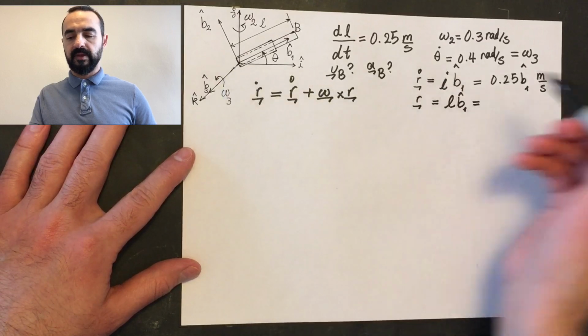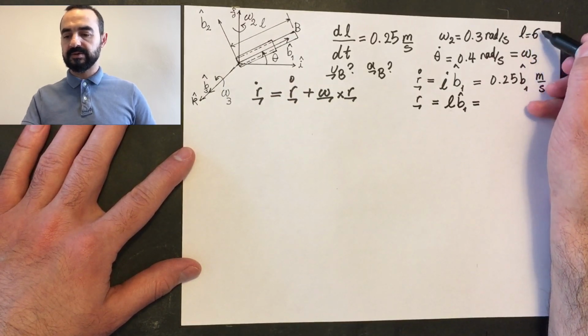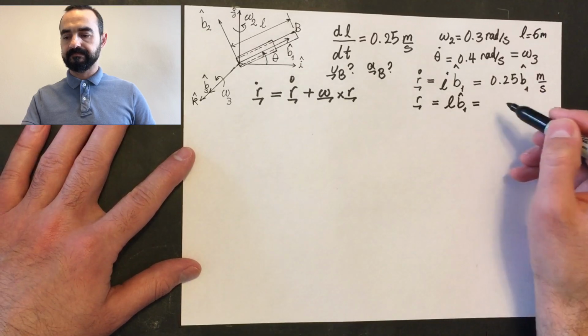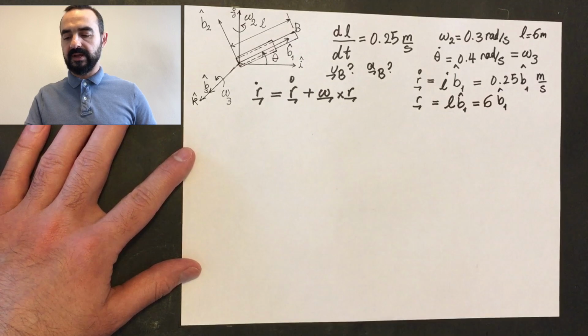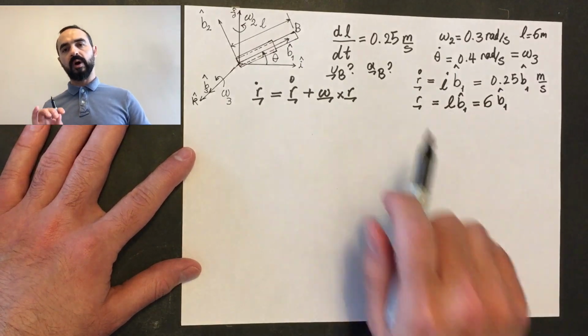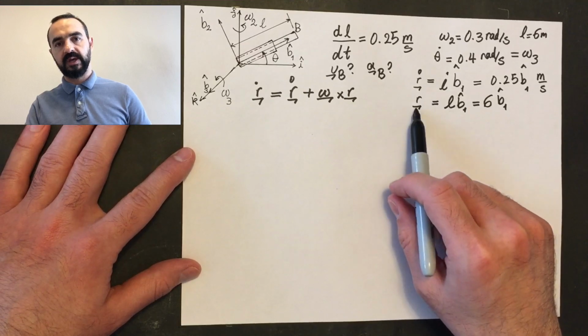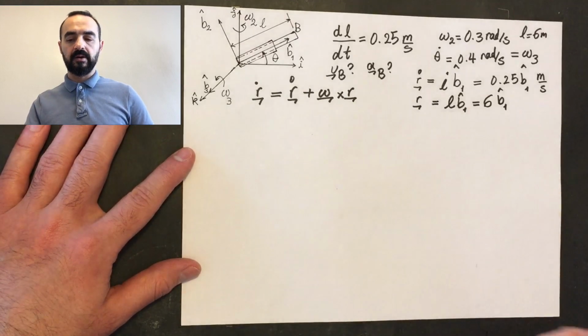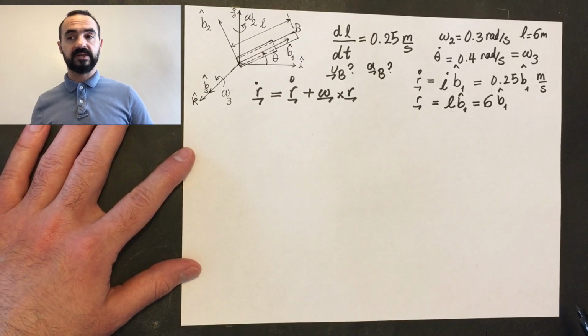And L is also given, L is equal to 6. So r is 6 B1 hat. Again, we are in body attached frame. For both of these parameters, r circle and r, we are describing these two vectors in body attached frame.